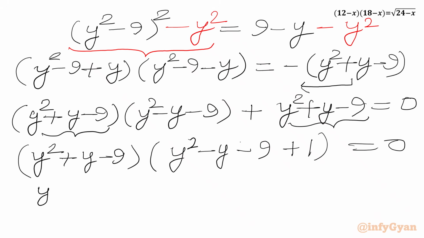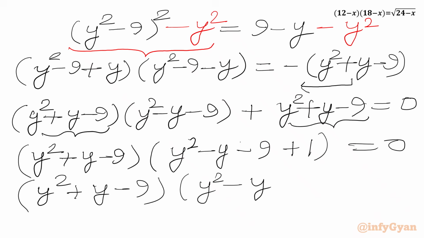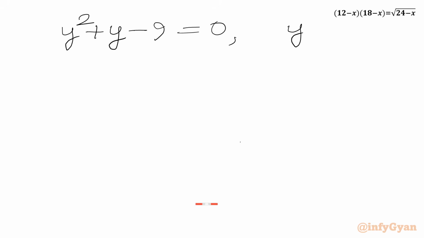Or we can write y square plus y minus 9 times y square minus y minus 8 equal to 0. Now we are going to use product 0 rule. So we'll write two equations. Either y square plus y minus 9 equal to 0, or y square minus y minus 8 equal to 0.